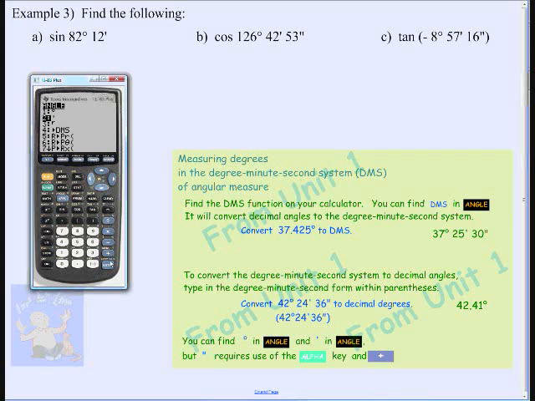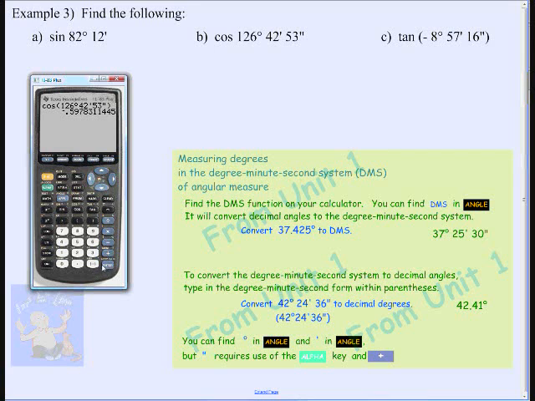Just go down to minutes, and 53. Now, seconds isn't found in this function, so the way I'm going to do that is with my alpha key. Alpha, and right over here on the plus side, and there's my answer for that.